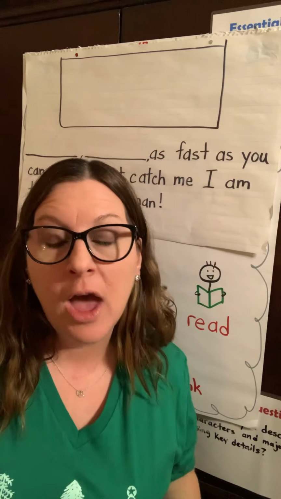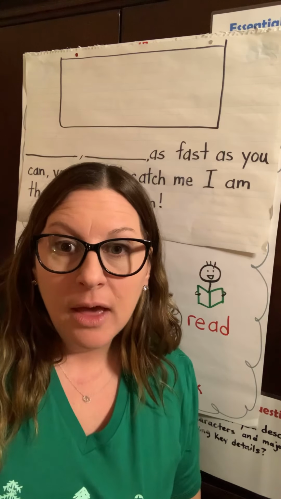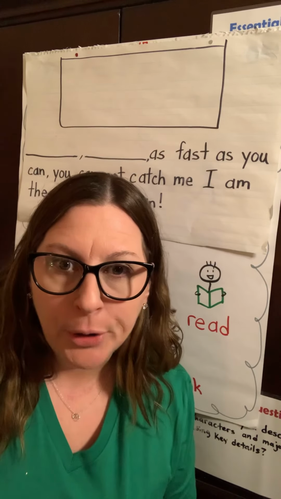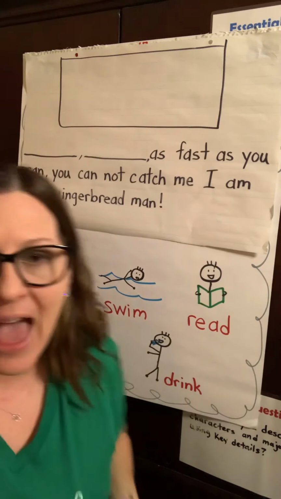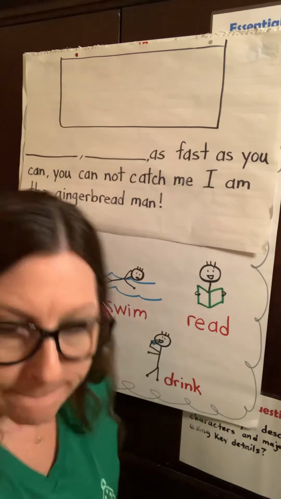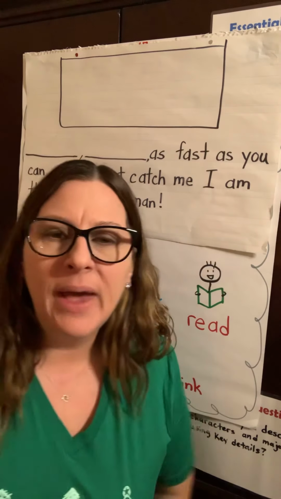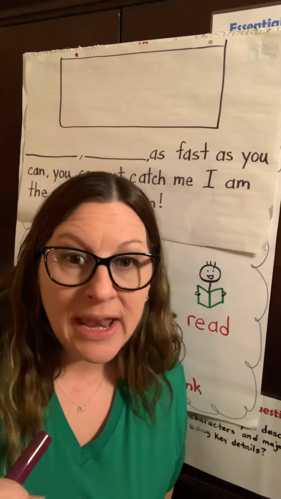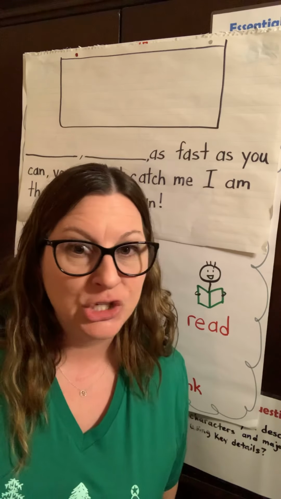Maybe he's on an airplane, or maybe he jumped on the back of a bird. So I could put fly because that's a verb. It's an action word. So I'll go ahead and have my gingerbread man fly. You can have yours do whatever action you want.